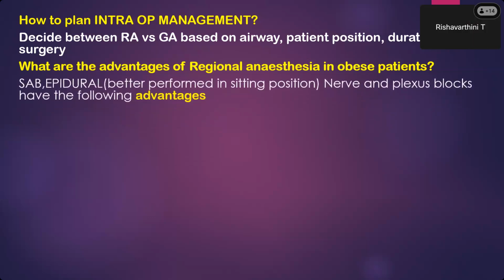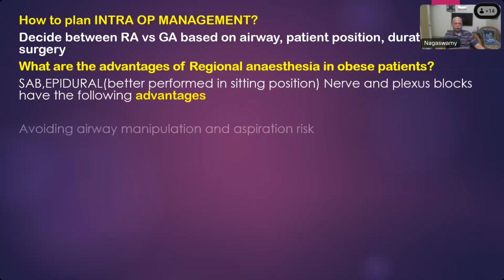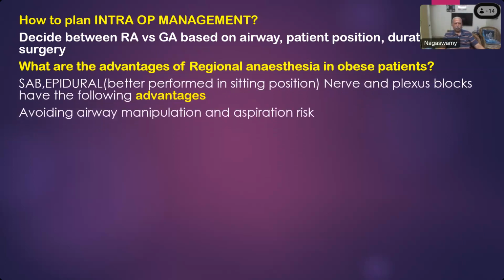First and foremost, SAB, epidural, which are performed in the sitting position, or nerve blocks and plexus blocks have the following advantages. One is, first of all, we are avoiding airway manipulation and aspiration risk. Whenever you try to give GA for an obese patient, especially with an anticipated difficult airway, this is going to be a challenge because they can desaturate easily or have aspiration problems.